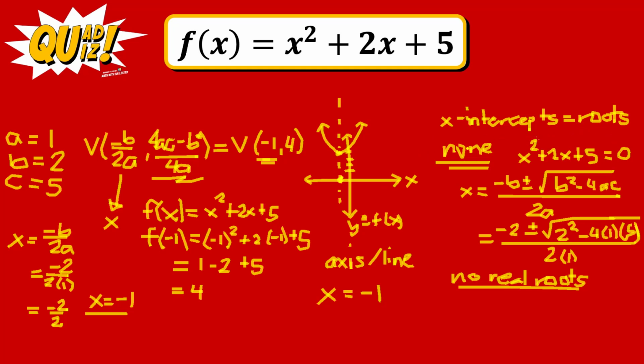But in this case, since we don't have any real roots, the graph will not intersect the x-axis, because the roots are the points where the graph intersects the x-axis. There are no x-intercepts here. This is the explanation. That's why the answer to our third question is that there are no x-intercepts, because there are no real roots. So basically, x-intercepts are related to the number of real roots. In this case, there are none.